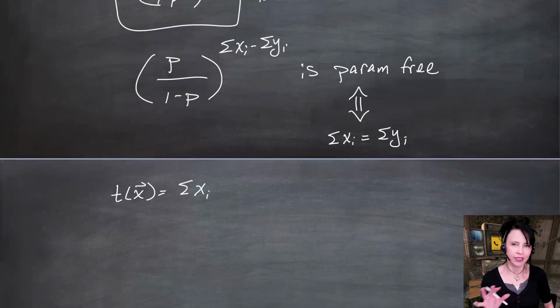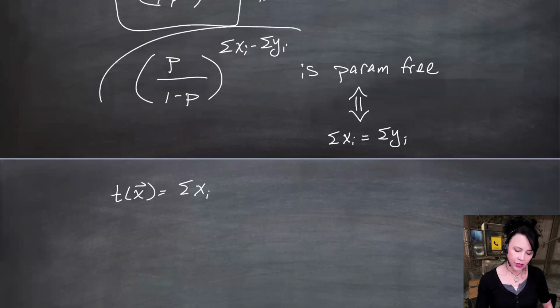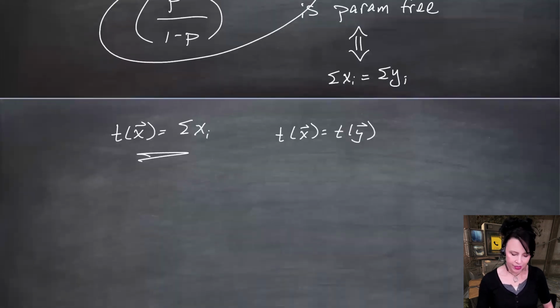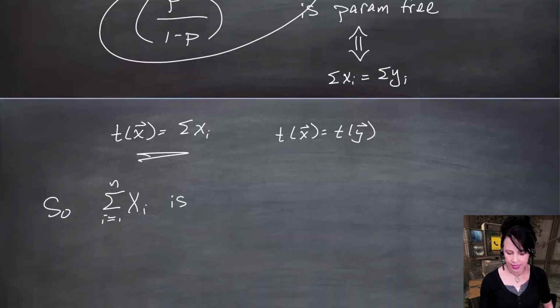And so now if you go back to the beginning and look at the theorem and use this t, you can see that the likelihood ratio is parameter free if and only if t of x is equal to t of y, assuming you defined your t of x like this. So the sum, as i goes from 1 to n of the xi, is minimal sufficient for the Bernoulli model.